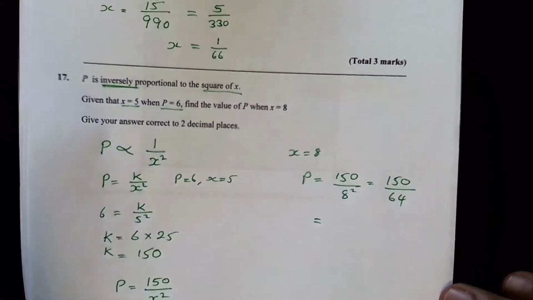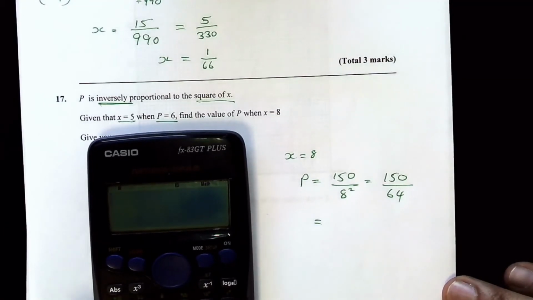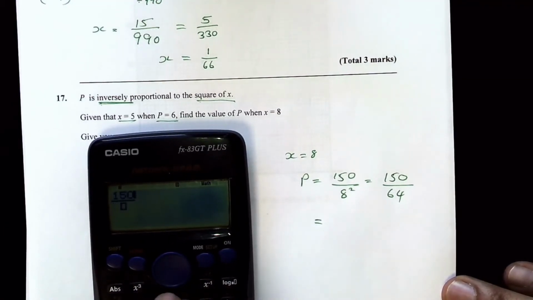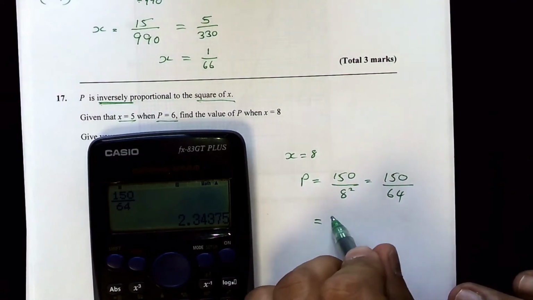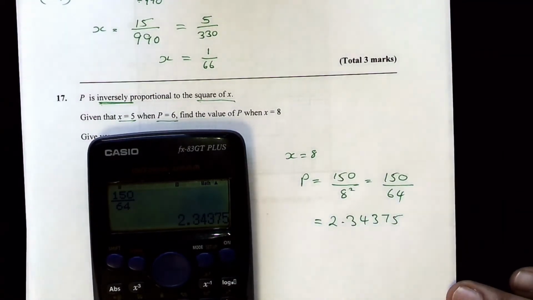And again, put that into the calculator. 150 divided by 8 squared, which is 64, and that gives me 2.34375.